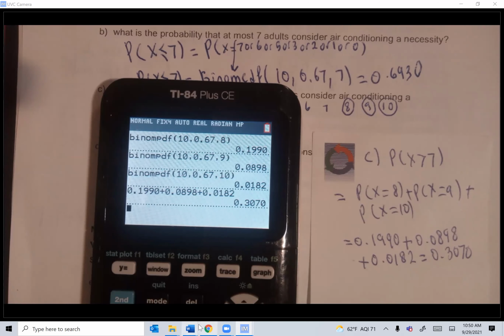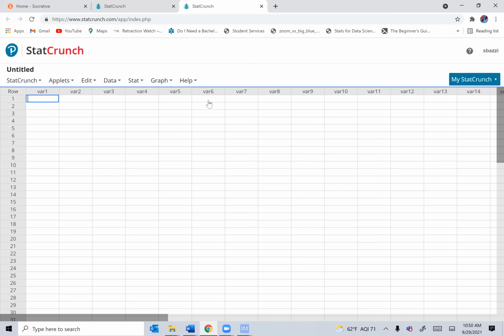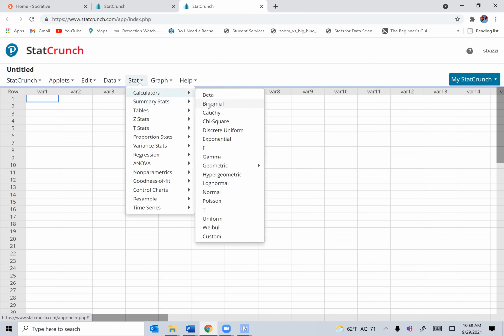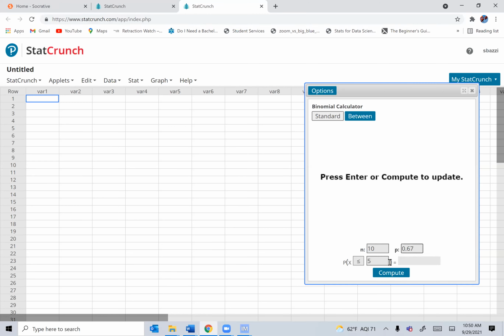But just to show you how we could have done this using the binomial calculator, let me show you the binomial calculator one more time. 0.67. And the question was, what's the probability of X greater than 7? Watch, guys.